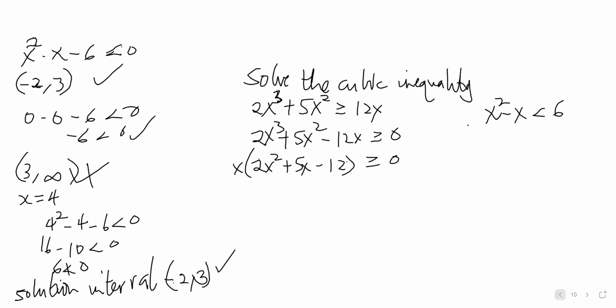We have the range negative infinity to -2. So we pick our x to be equal to -3. This will give us x squared minus x: 9 plus 3, so 12 is not less than 6.